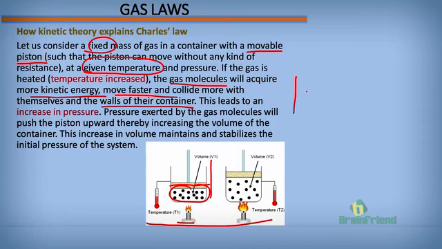Let's use another analogy where you have maybe people in a particular space. Imagine that activity increases, they get more worked up. You will see that that activity increasing is going to cause more pressure in that particular room.